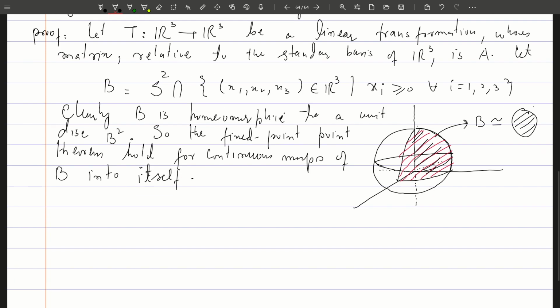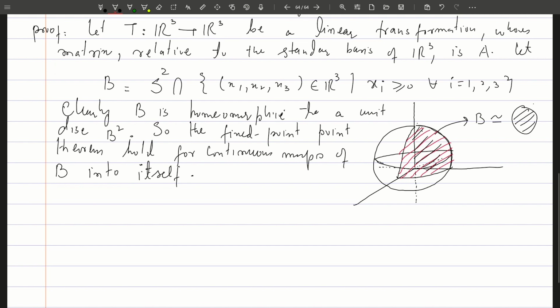So one can note here, now if x is a point like this, x1, x2, x3 in B, so that means all the coordinates are non-negative and at least one of them is positive.